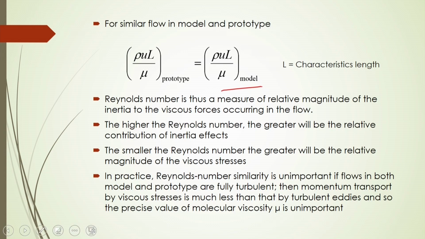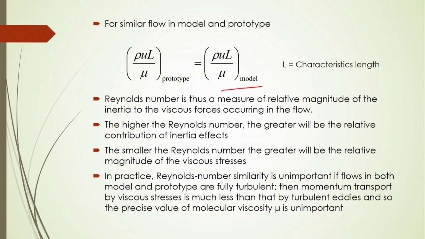And if you are using more viscous fluids, the inertia force will be lower to get this constant Reynolds number. So, to get a higher Reynolds number, you can increase the velocity, you can increase the density, you can increase the characteristic length of the system, or you can use a fluid which has lower viscosity. So, the higher the Reynolds number, the greater will be the relative contribution of the inertial effects.